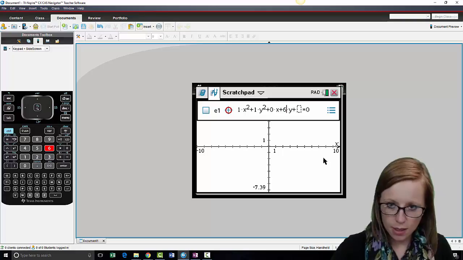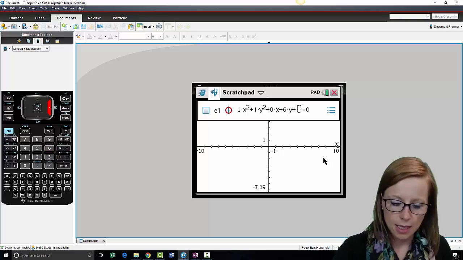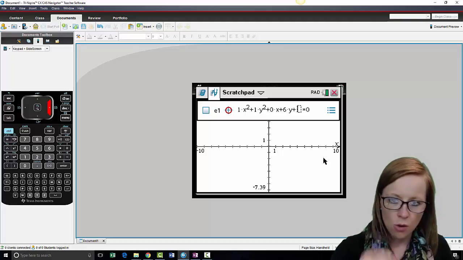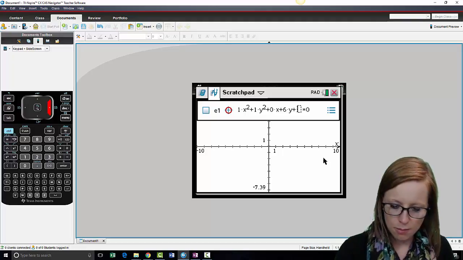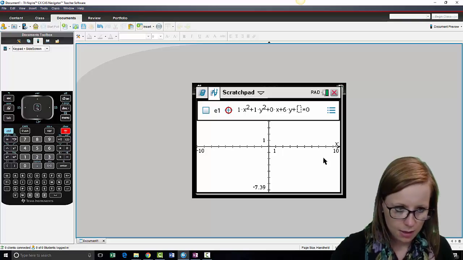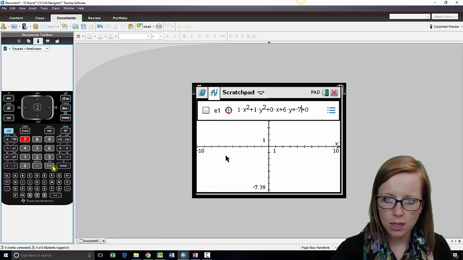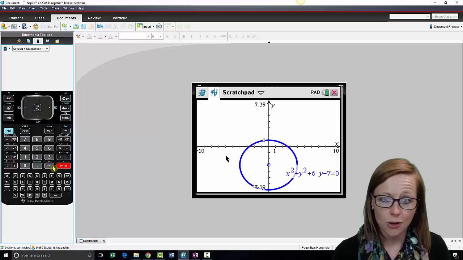And then there was no constant, so I would actually have to bring over the 7. So minus 7, negative 7. I need the negative symbol, excuse me. Negative 7. And I can press enter, and it gives me the circle.